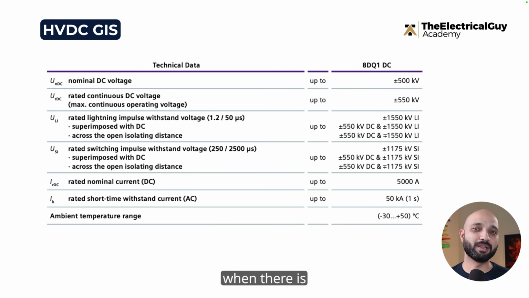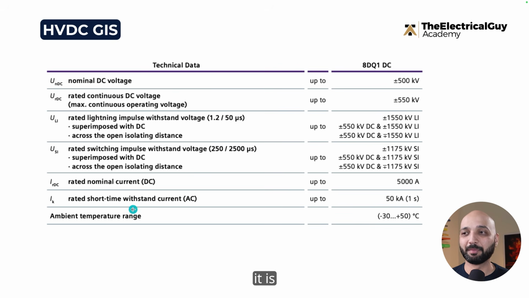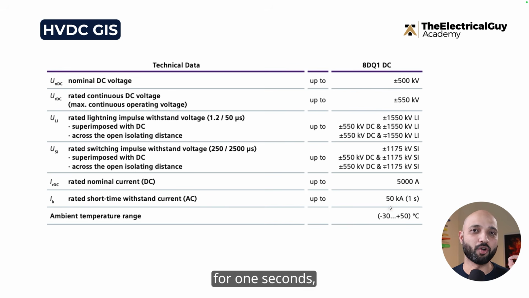Breaking current will come when there is some sort of breaking devices that are used, like circuit breaker. And as I said, there is no circuit breaker, and hence it is mentioned as withstand current. That means the switchgear is capable of withstanding up to 50 kiloampere for 1 second. And then the ambient temperature range is -30 to plus 50 degree Celsius. So it's suitable for harsh environmental conditions as well.